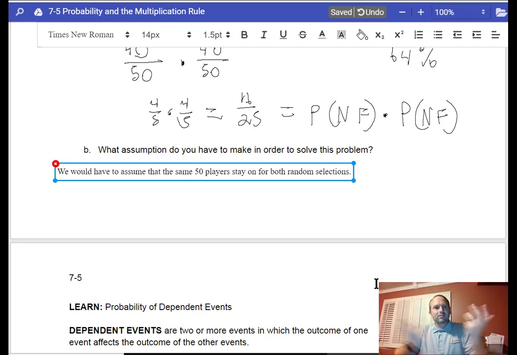Because if it changes, then we didn't really do it. The probability changes as well. All right, so let's go on.